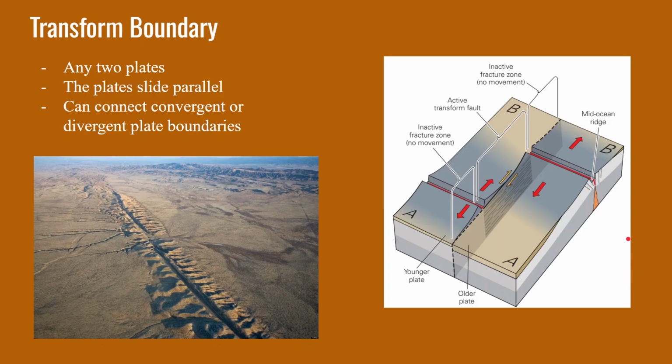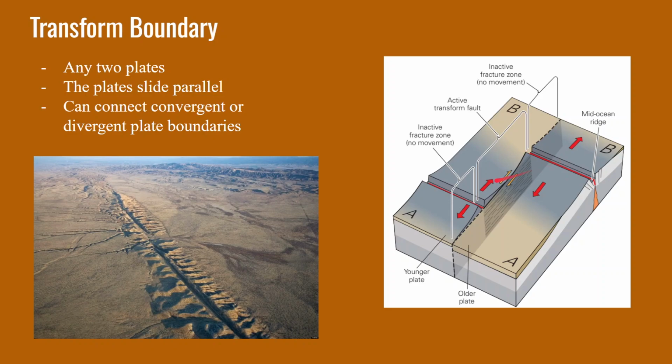The last type is the transform boundary, and these are the ones that fit the other types of boundaries together. In order for the whole system to work, there has to be something connecting the disconnected convergent or divergent plate boundaries.